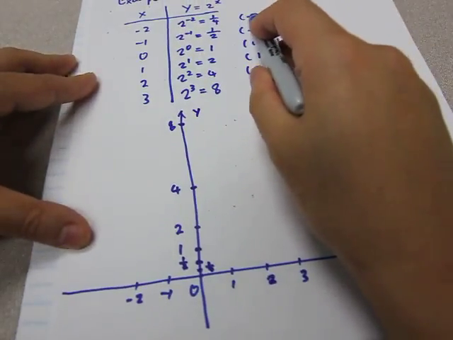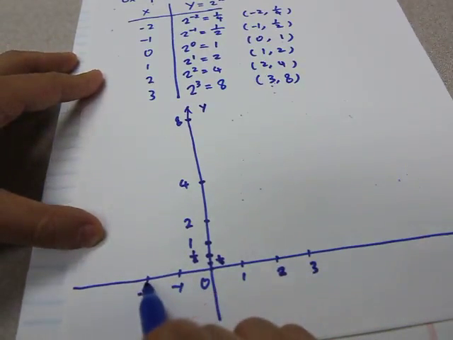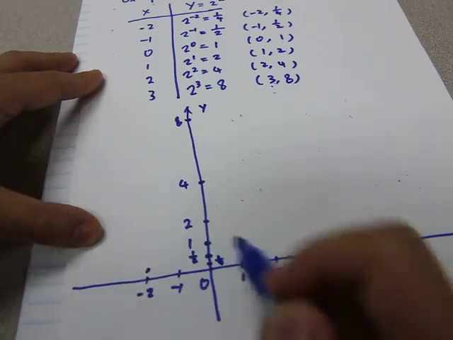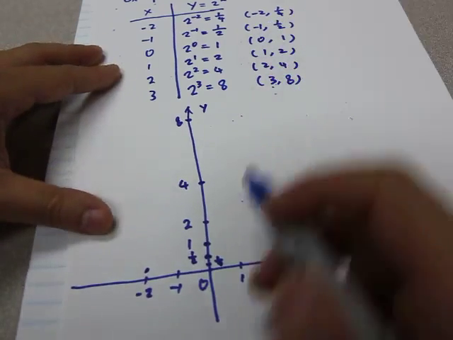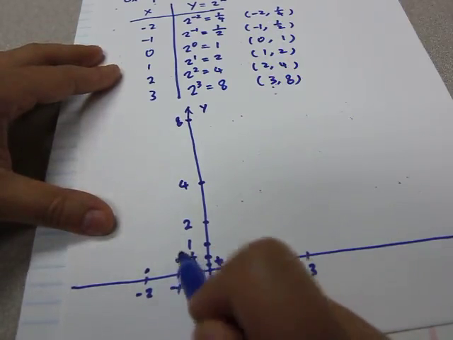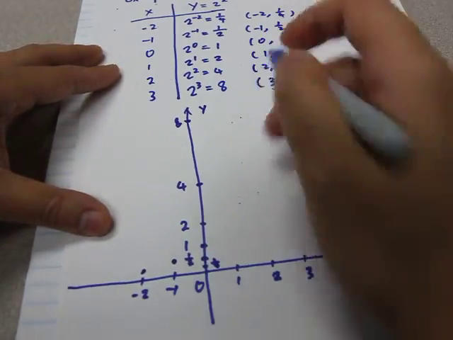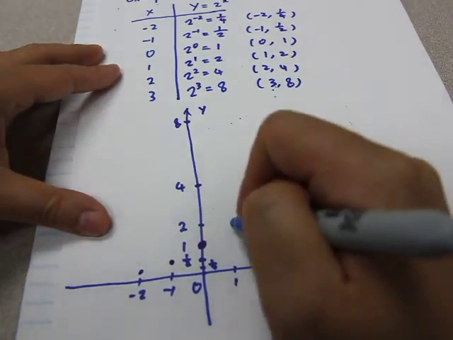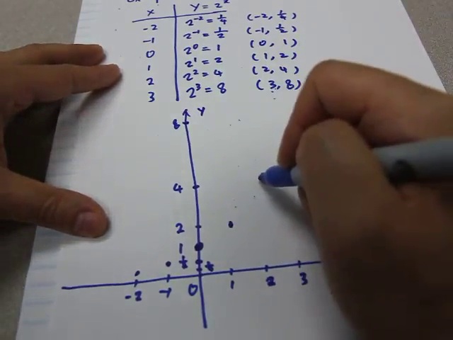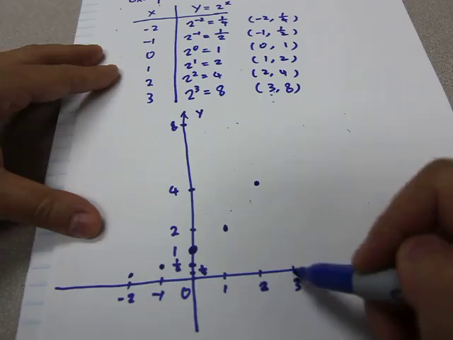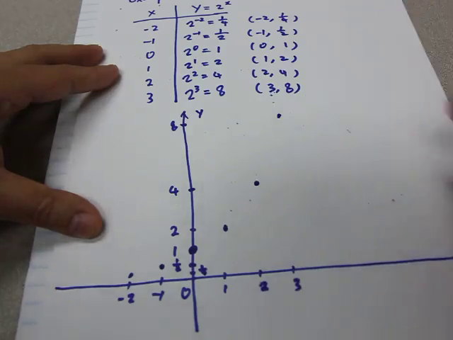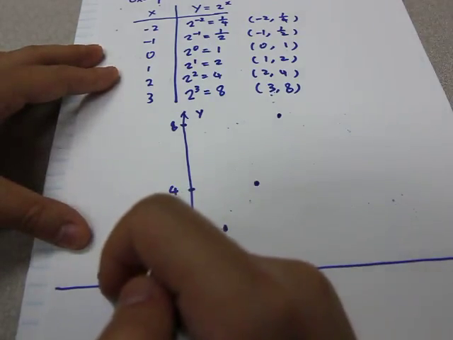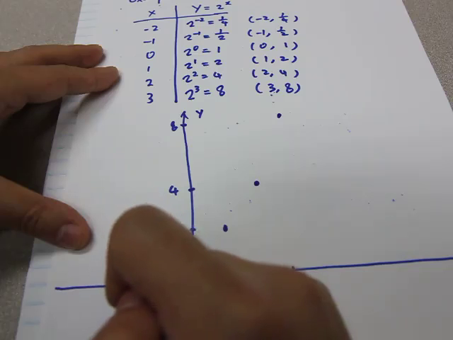Now the first point is (-2, 1/4). So when x equals negative 2 and y equals 1/4, that point is here. And the next point is (-1, 1/2), so the point is here. And (0, 1), so that point is here. And (1, 2) is here. And (2, 4) is here. And (3, 8) is here. Now by connecting these points, we will be able to sketch the graph of this function.